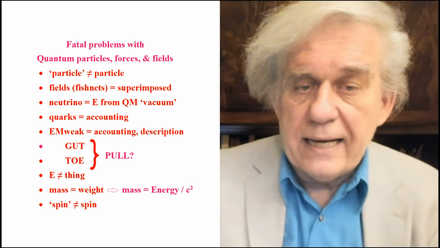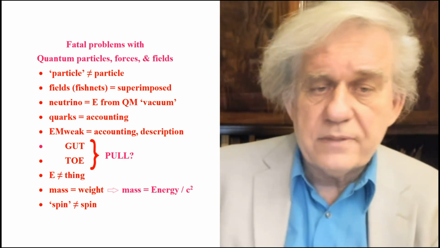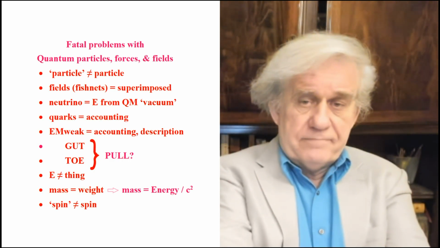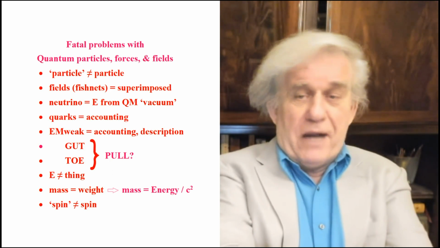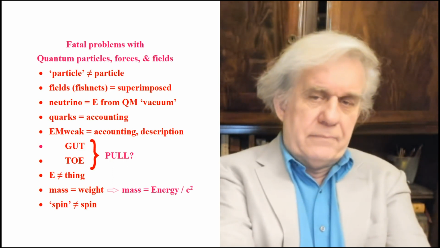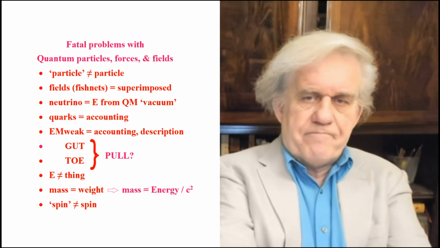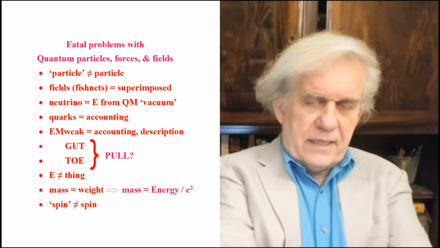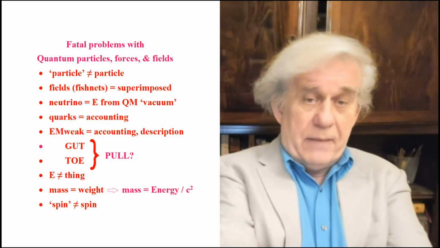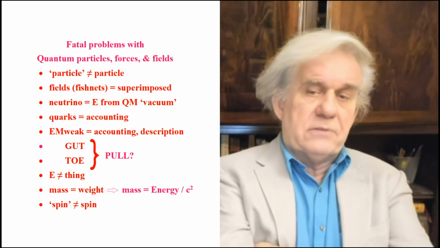Then the next one here is a neutrino. We discussed that. Comes from the vacuum. It's energy that is borrowed from the vacuum. That energy is converted into a particle through E equals mc squared, where m supposedly stands in for the word particle, or the word thing. They're treating mass as a thing, when mass is not a thing. Mass is a concept, especially in the context in which they put it there, which is that E equals mc squared.